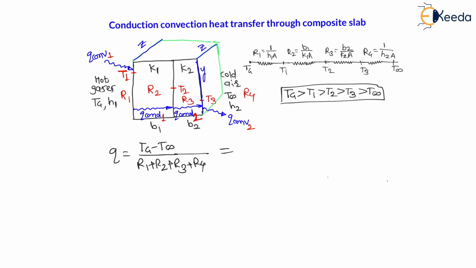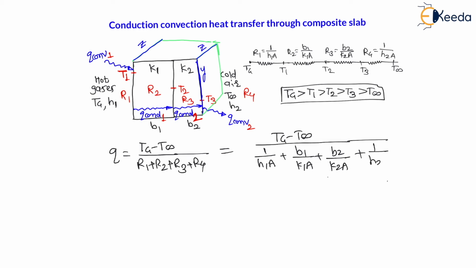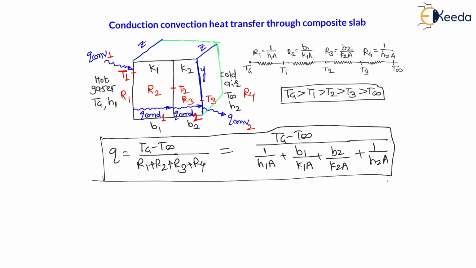Therefore, Q is equal to Tg minus T infinity divided by R1 is nothing but 1 upon H1A plus R2 is B1 divided by K1A plus R3 is B2 divided by K2A plus R4 is 1 upon H2A, right? This is how we can write. So, my dear students, as it is a heat transfer, this answer will be in watt.